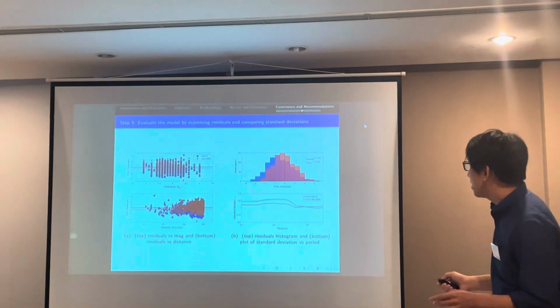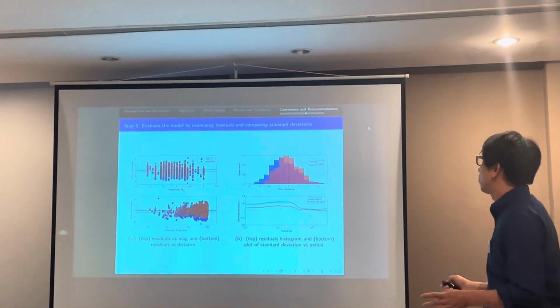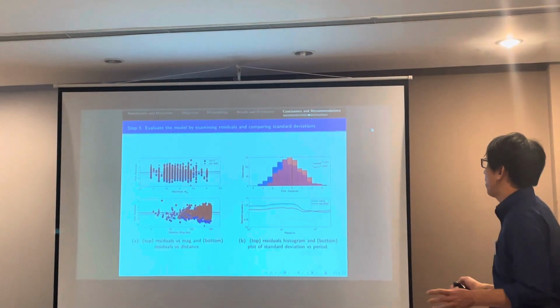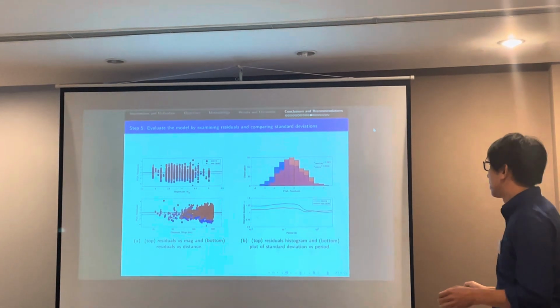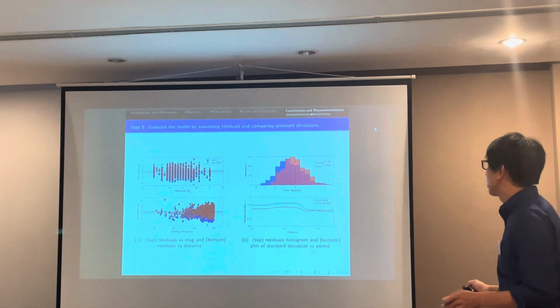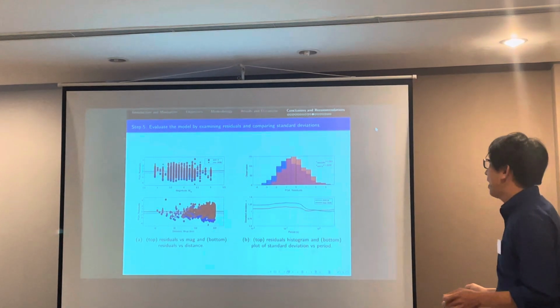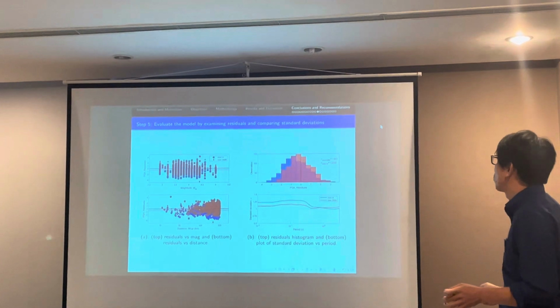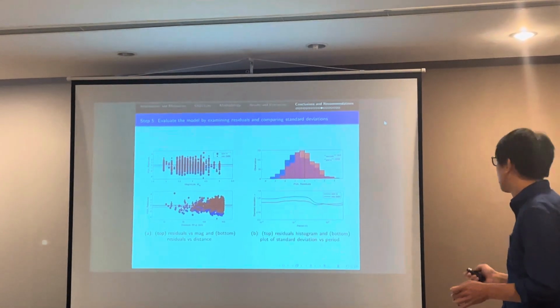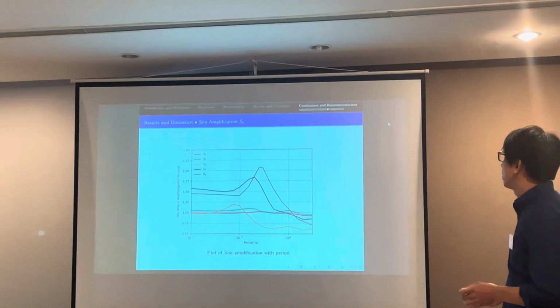And then step 5, we evaluate the model by examining the residual and comparing the standard deviation, as shown in this plot. The model residuals are concentrated around 0, with a 5 to 10% reduction in standard deviation compared to the ASK14 model. Now let's look at the results.